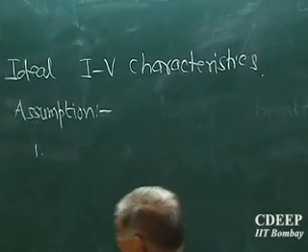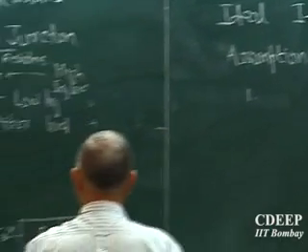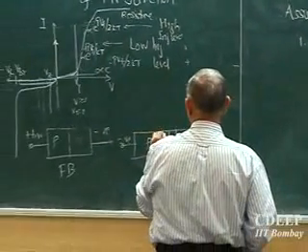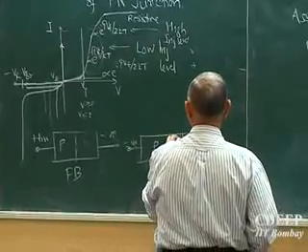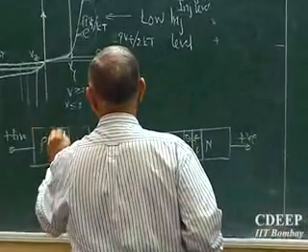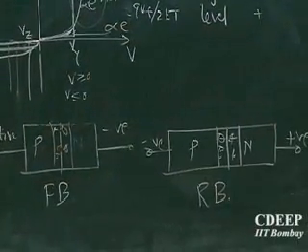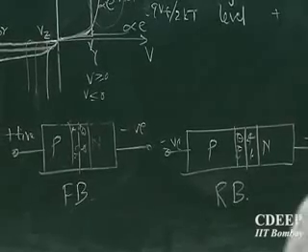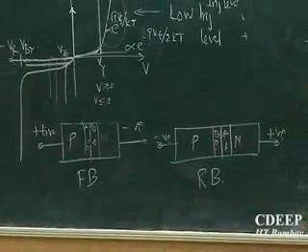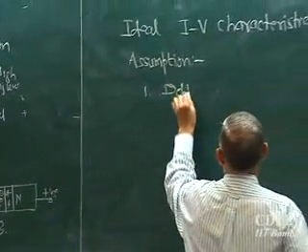The first thing they are saying is that under bias, reverse or forward, the depletion region boundary is sharp.